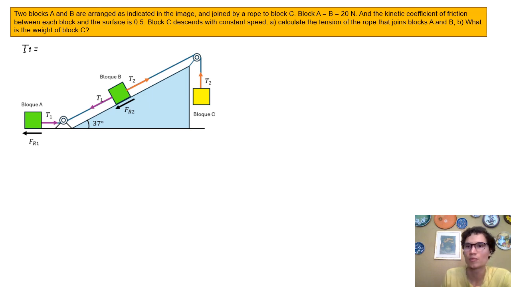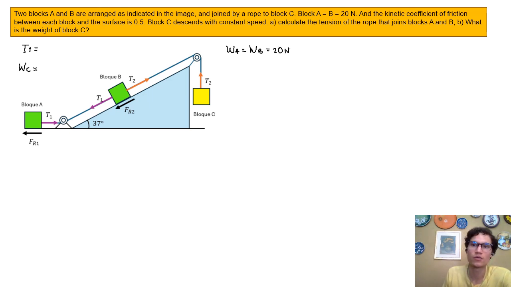The other question of the problem is to calculate the weight of the block C. And the data we have is that the weight of the block A is equal to the weight of the block B, which is 20 newtons.